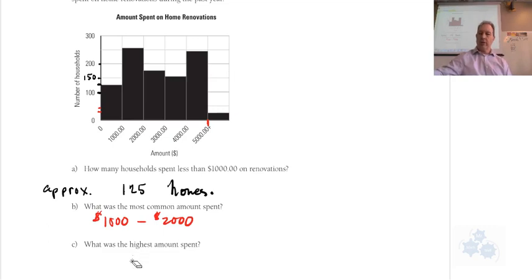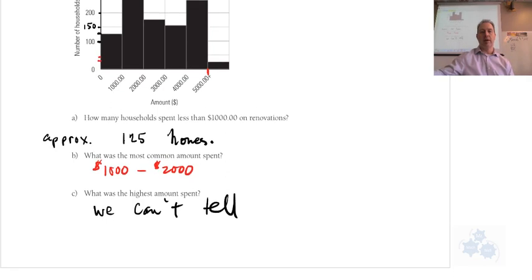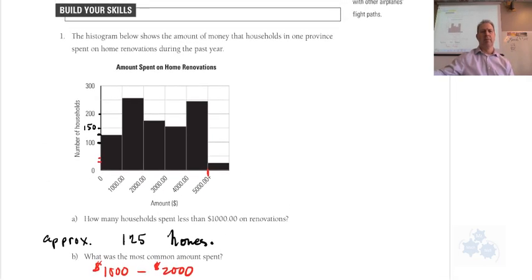So the answer to this question: we cannot tell. Kind of a trick question. You can tell the number of households that spent more than 5,000, but you don't know which house spent the most, and you don't know what dollar amount that is. Does that make sense?